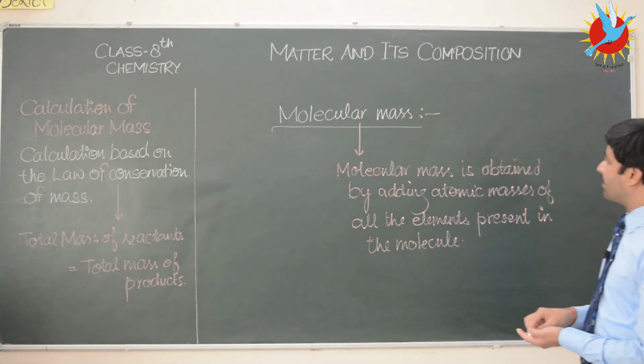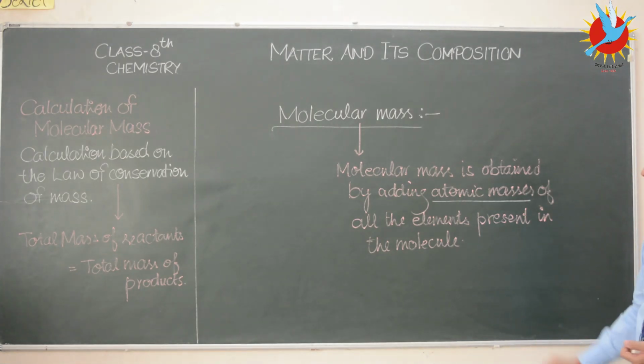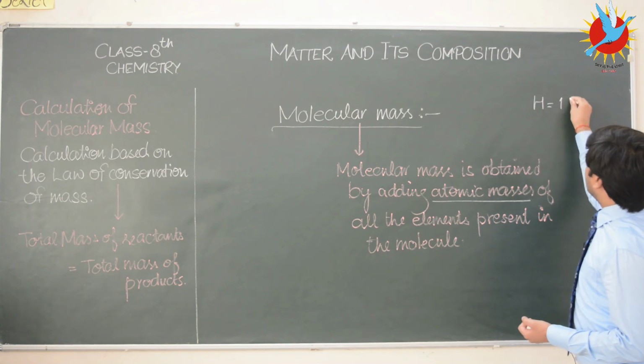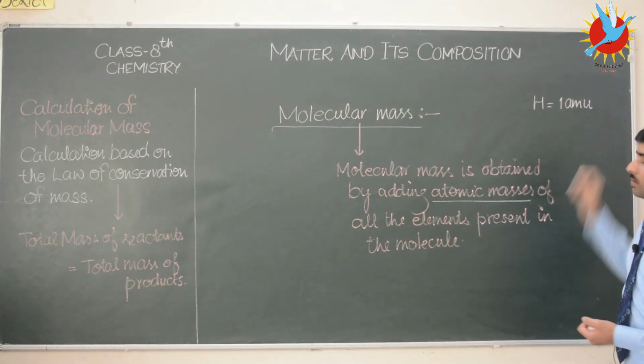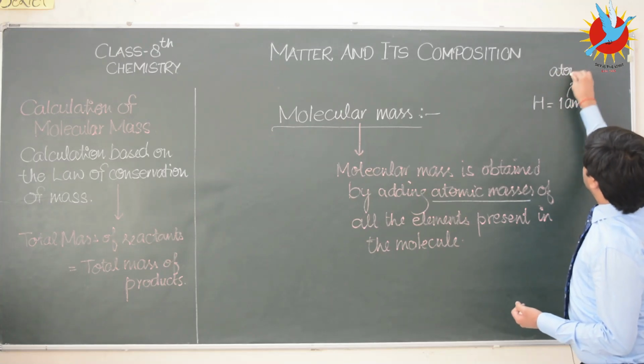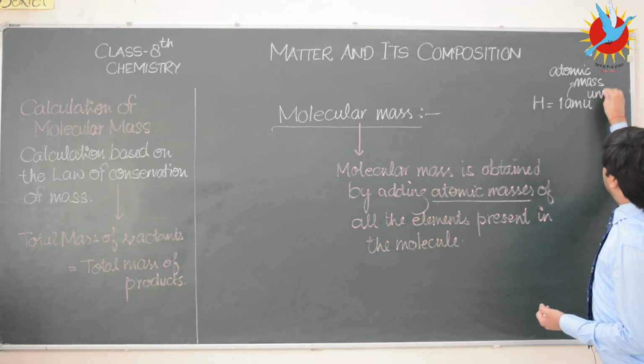So atomic masses of some of the important elements: the atomic mass of hydrogen is 1 AMU, where AMU means atomic mass unit.